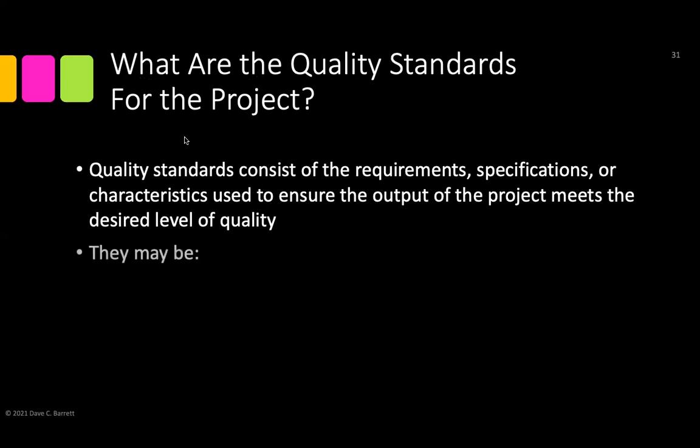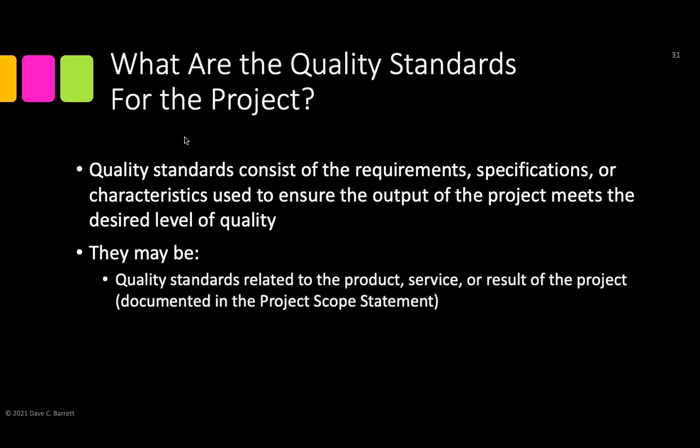Right? So they may be quality standards related to a product, service, or result. All right, it can be documented in project documents, or it can be standards of the organization to be followed by the project. All right, it can be documented in the quality management plan.